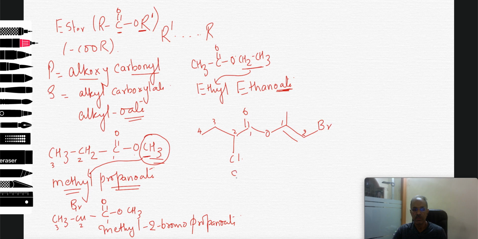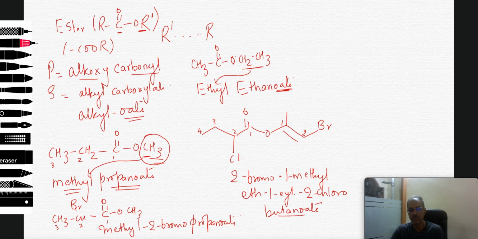So the name will be 2-bromo-1-methyl eth-1-enyl 2-chlorobutanoate. Sorry, it is not yl, it is enyl. Fine?